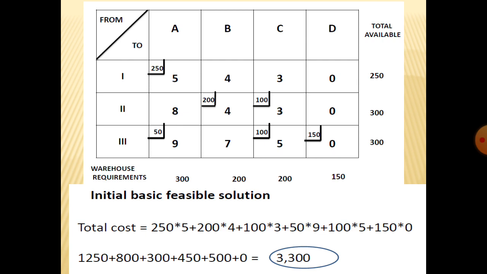Here 100 is remaining, and 150 is allocated for the zero cost. Now the total cost is equal to 250 into 5, 250 into 4, 100 into 3, 50 into 9, 100 into 5, and 150 into 0.